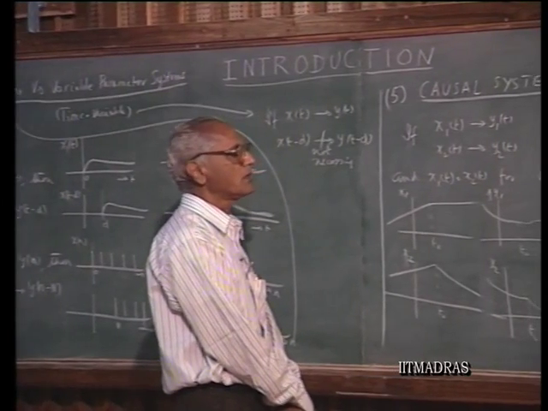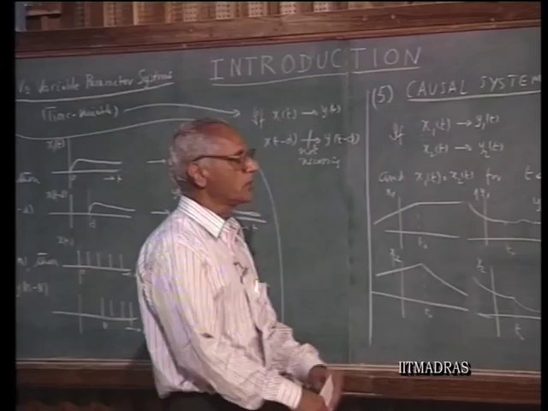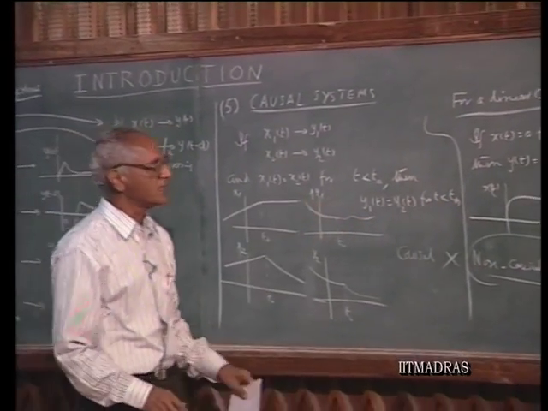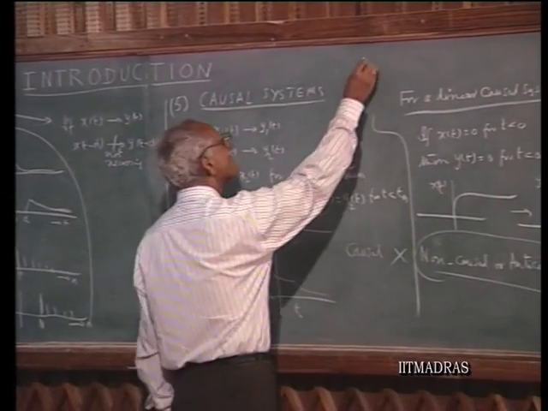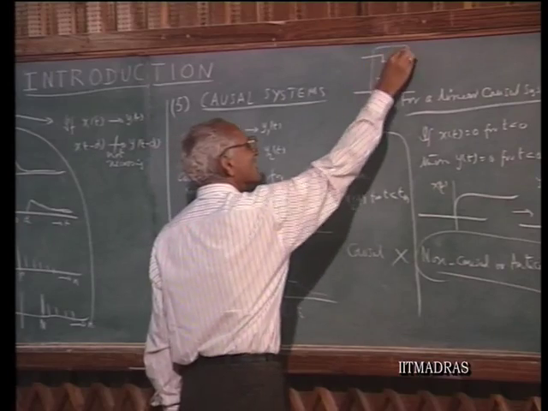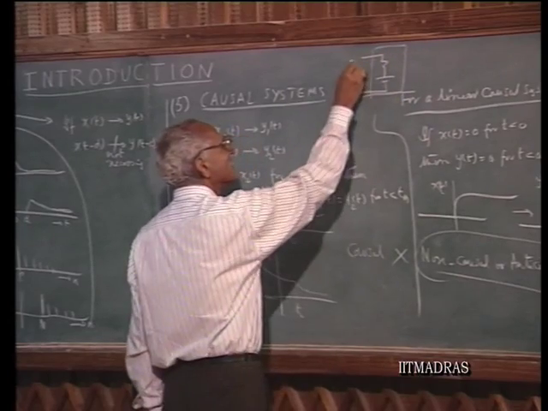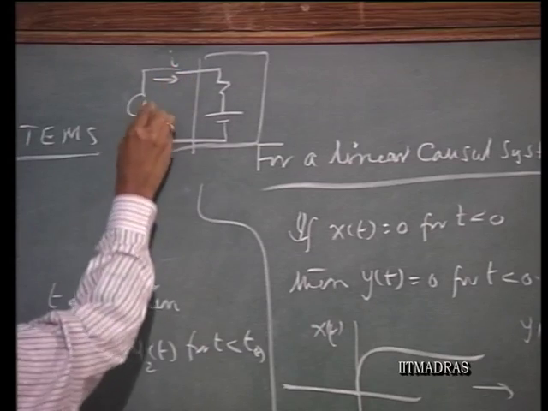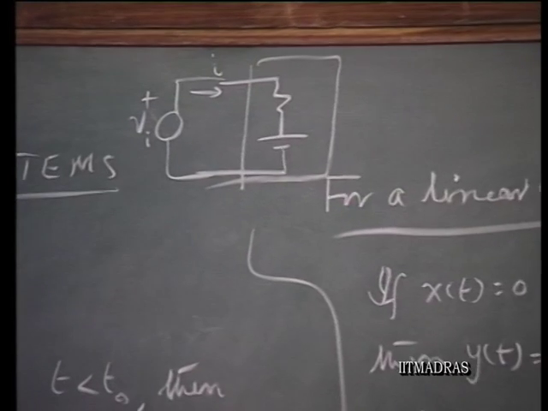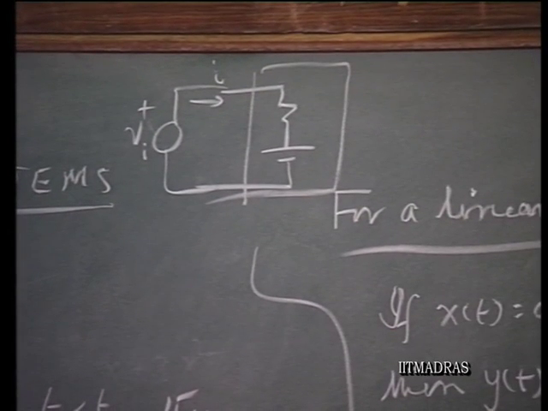Very often one describes the causality principle in these terms, but that is not quite correct. If I have a system like this, where I is the response and Vi is the input, even if Vi is 0, you are having a kind of current I in that circuit.